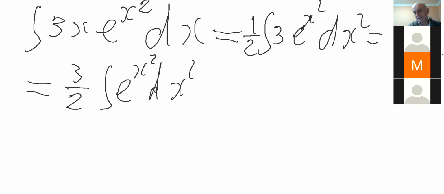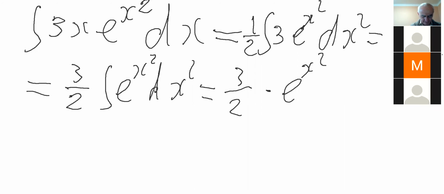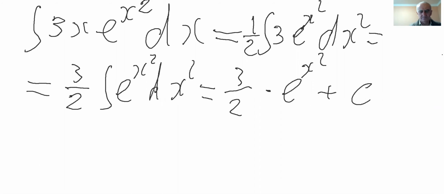We can imagine that it's t, and I can write that it equals 3/2 times e to the power x square plus c. Any questions?